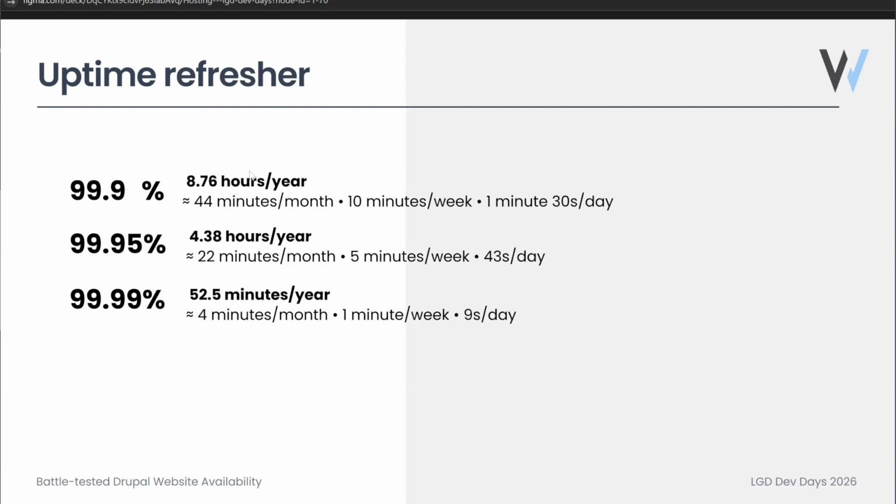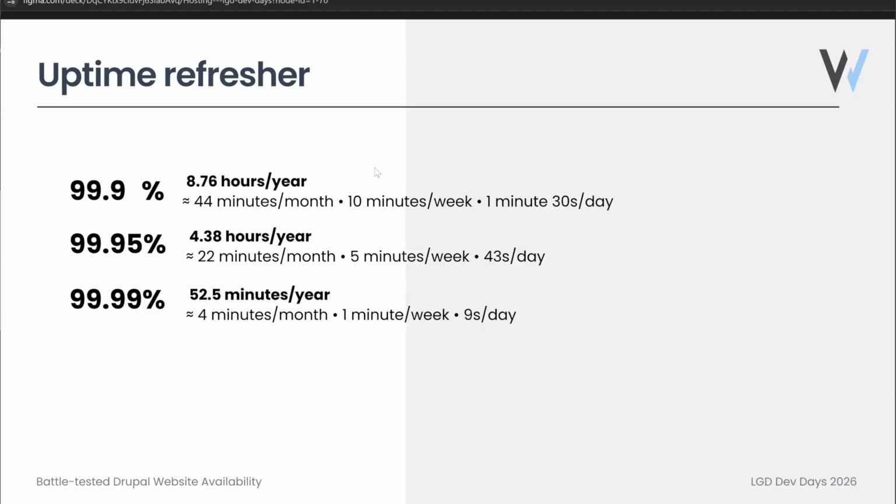So you have here 99.9, that's three nines. That's equivalent to 8 and 3/4 hours of downtime per year. That's generally achievable.